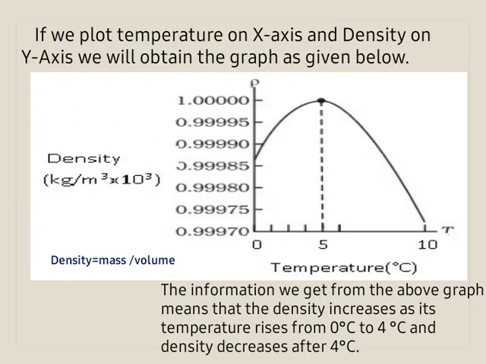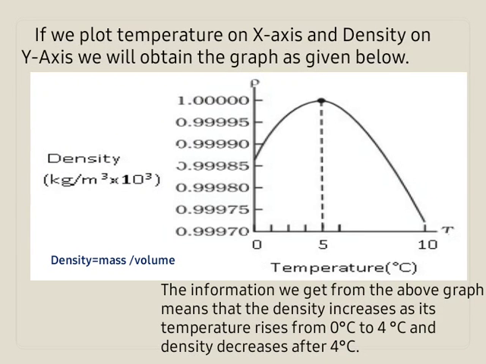If you plot a graph by taking temperature on the x-axis and density on the y-axis, you will get the graph as shown in the given figure. The information that you get from the graph is that the density of water increases as its temperature rises from 0 degrees Celsius to 4 degrees Celsius, and its density decreases after 4 degrees Celsius.